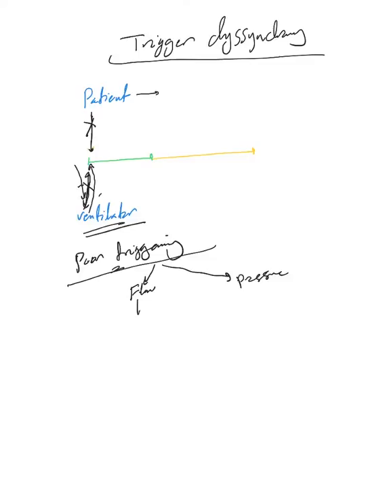For the flow trigger, we set a threshold that the patient should reach in order for the ventilator to sense that the patient is trying to breathe and to deliver the breath.